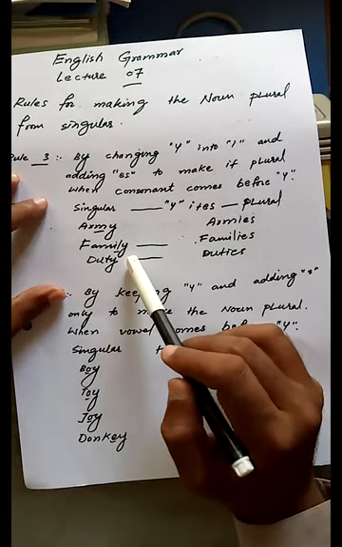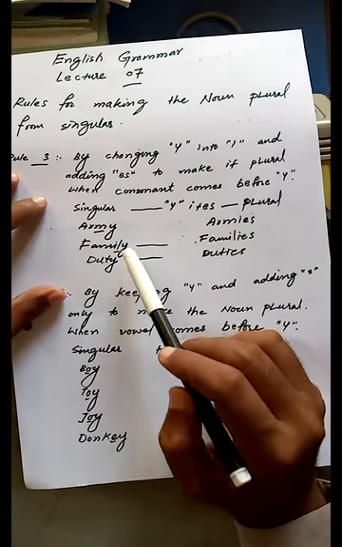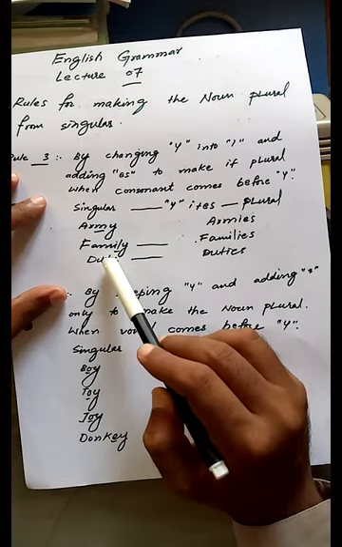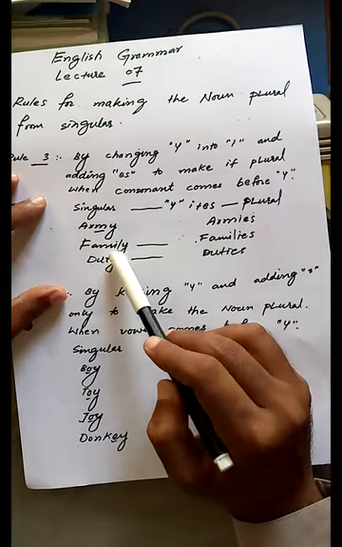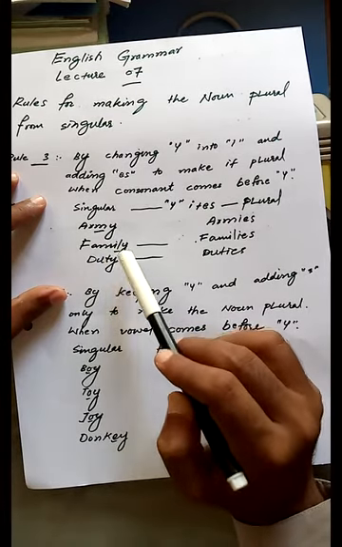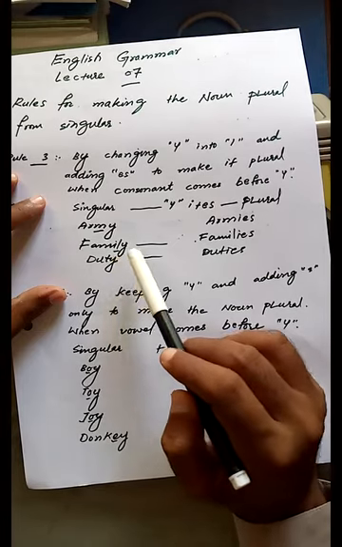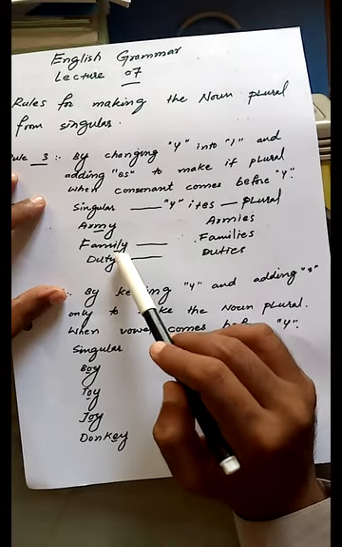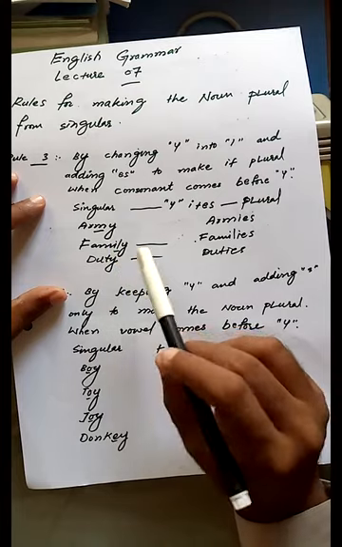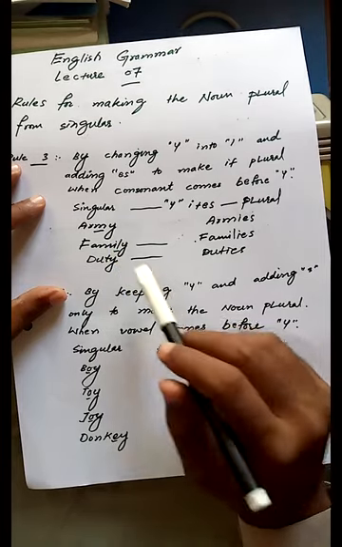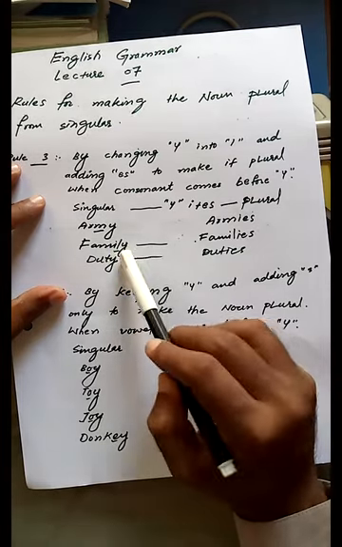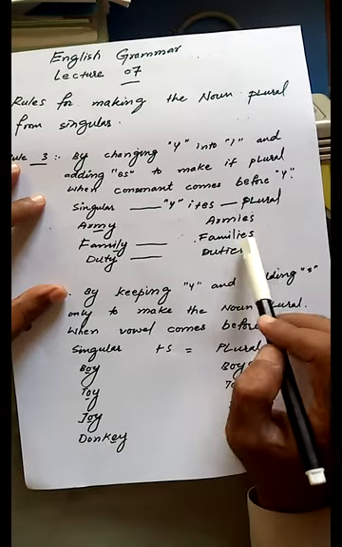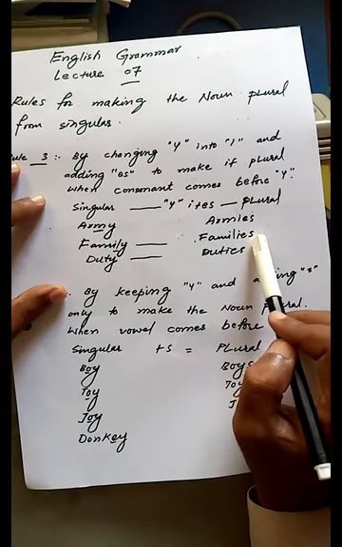Number 2, family. The word family ends on y after a consonant. The letter in the word family before y is l. Is l a vowel or consonant? It is also a consonant. So this y will be changed into i and then es will be added to make it plural.